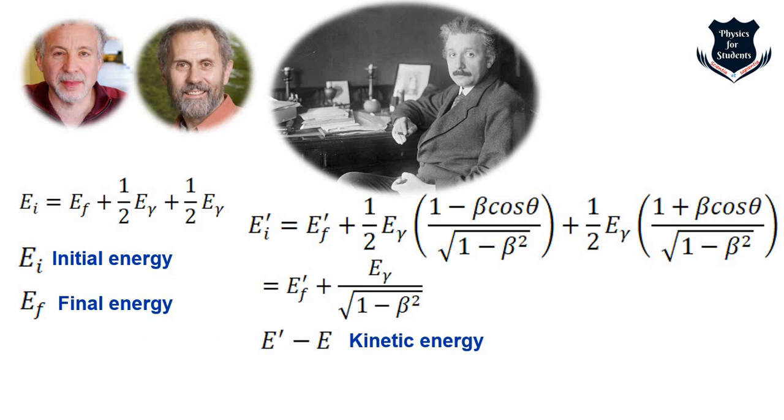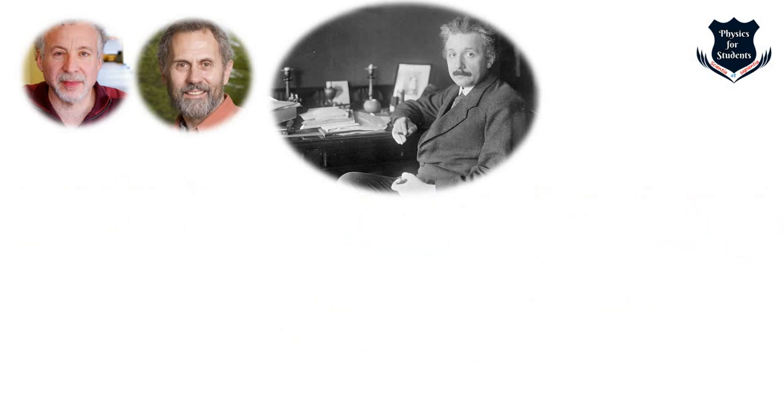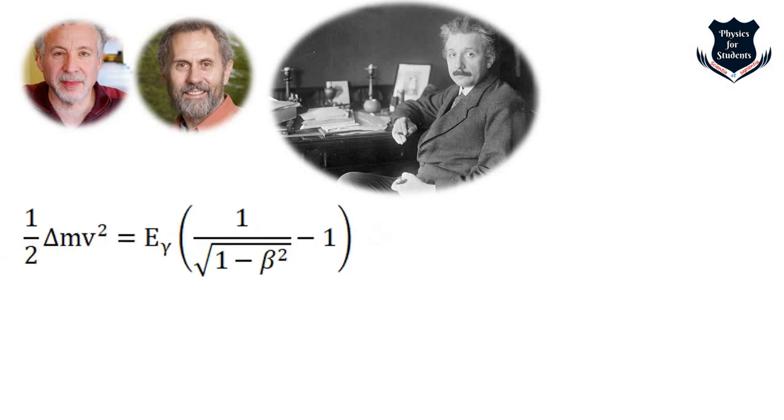And you can see, in the above two equations, E prime minus E must be the kinetic energy, which gives this, and which gives further this. So this is how Einstein simplified using relativity itself. We get further into this, right?